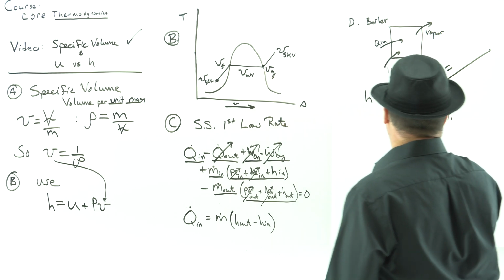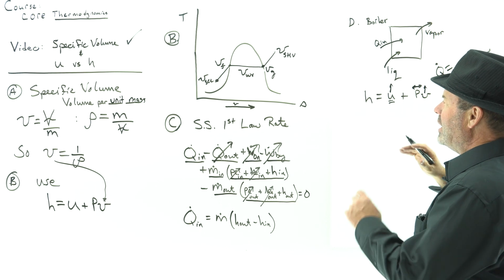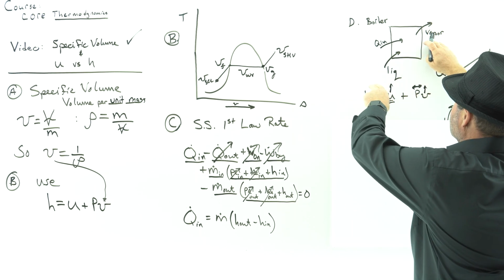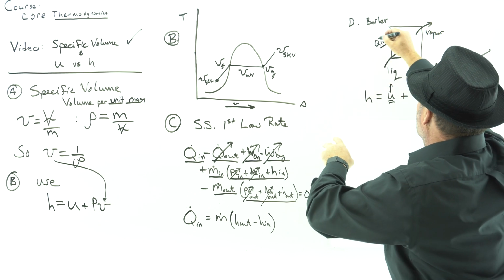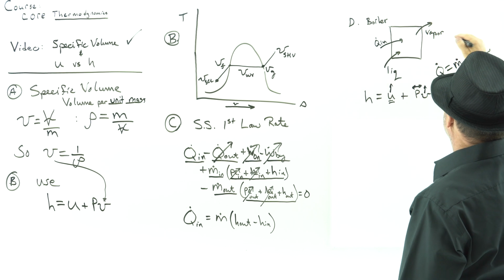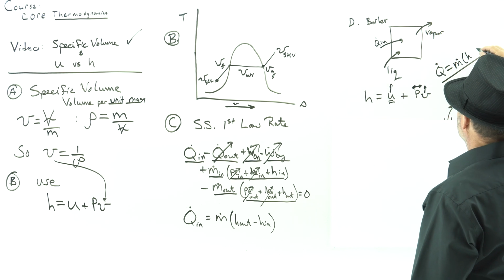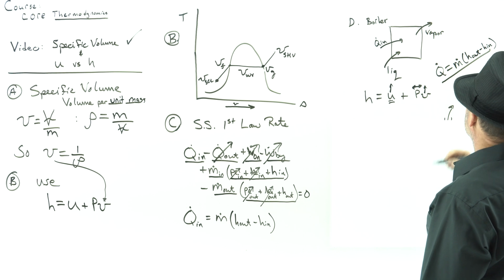Yes, it does. It goes up. So if you are going through a phase change and you want to know how much heat is going in, you would multiply the mass flow rate of the fluid times the h out minus the h in.